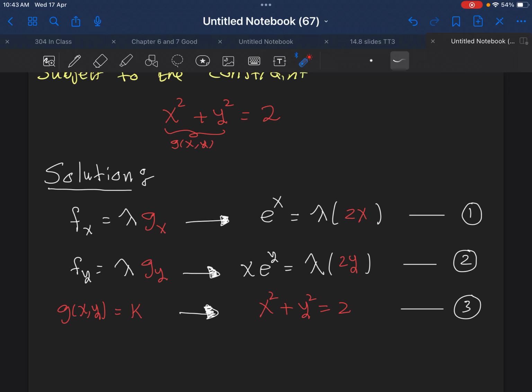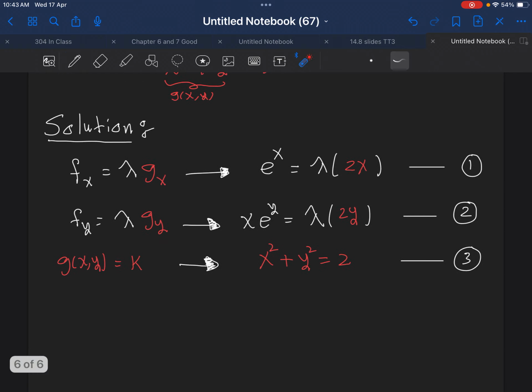The first suggestion that came to my mind is, what if we substitute, sorry, this is e^y. What if we substitute from equation 1 e^y, we take this e^y, and we substitute it here. So instead of this e^y, I will put lambda 2x. That will help me at least move from y into an equation with lambda and x.